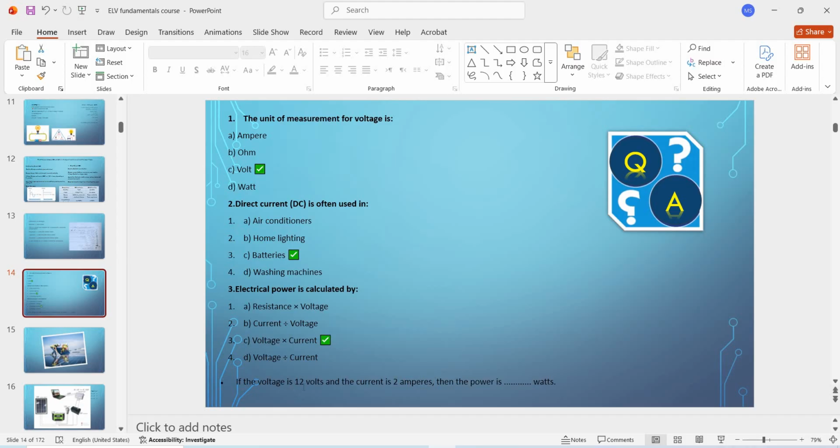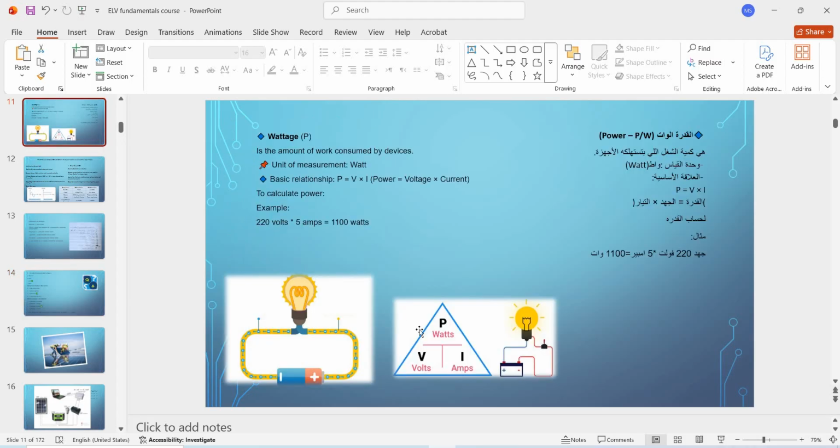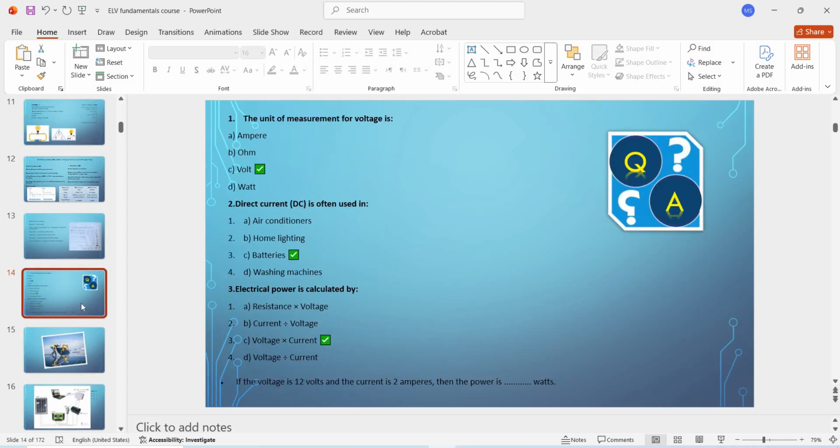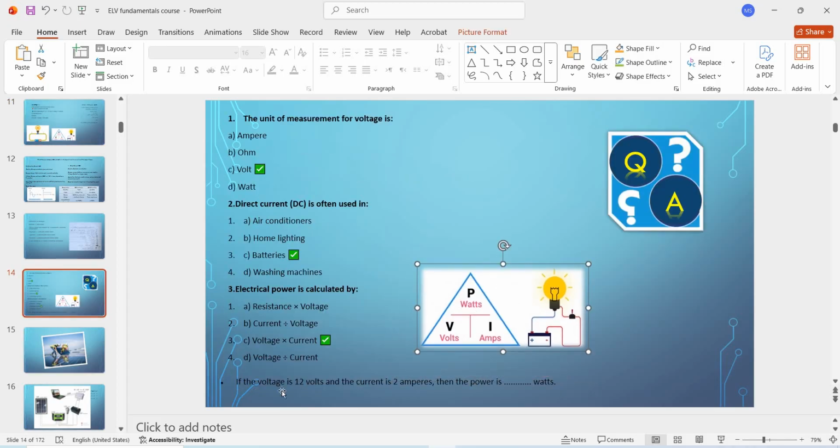Here, if the voltage is 12 volts and the current is 2 amperes, then what is the power? I have to go to my triangle. You see you have 12 volts and you have 2 amperes.